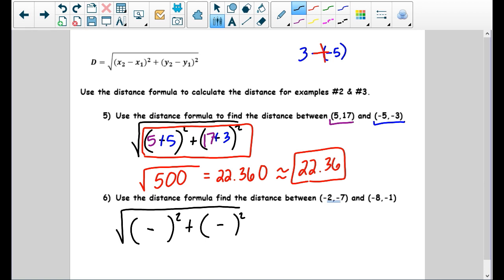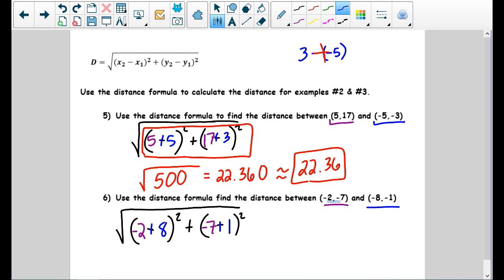Let's start plugging some numbers in here. So negative 2, negative 7, and negative 8, negative 1, those will become positives. So hopefully you have something that looks similar to this.